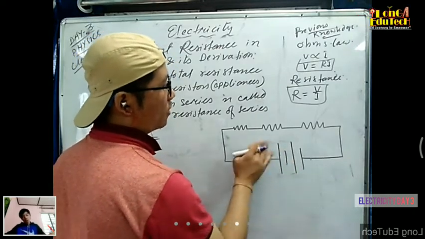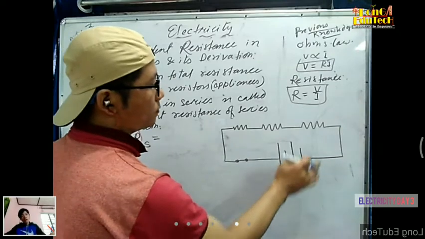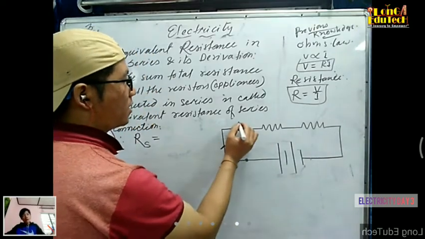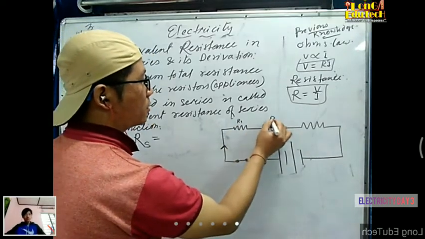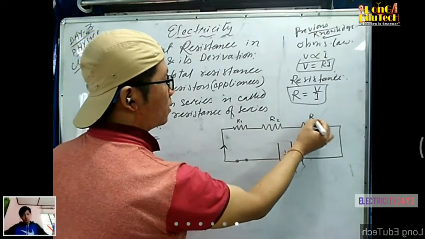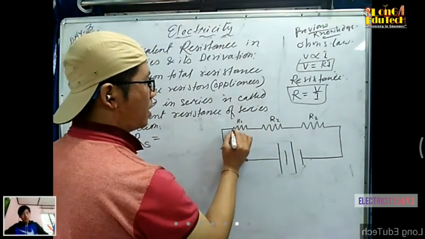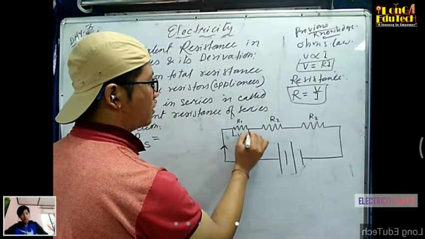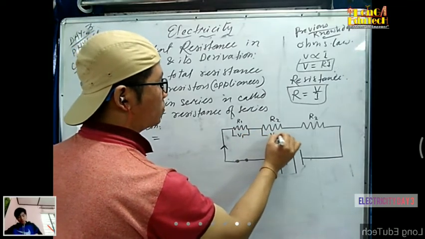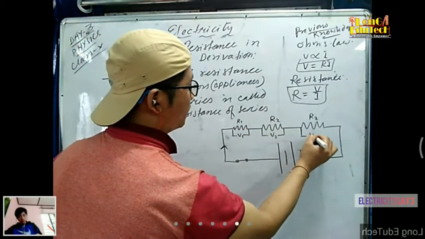So this one we take R1, R2, R3 और उन लोगों का V1 है, इसका V2 है, इसका V3 है बोला था.